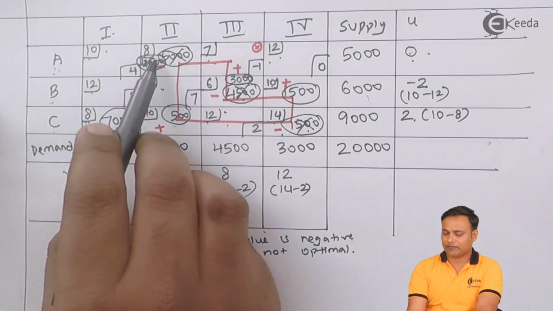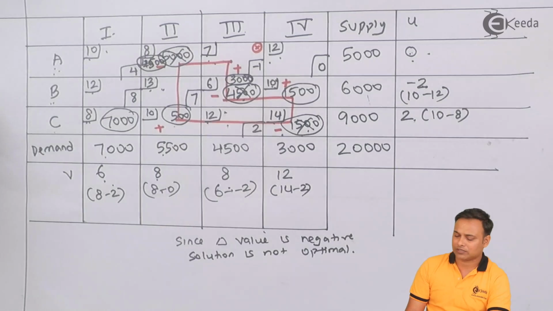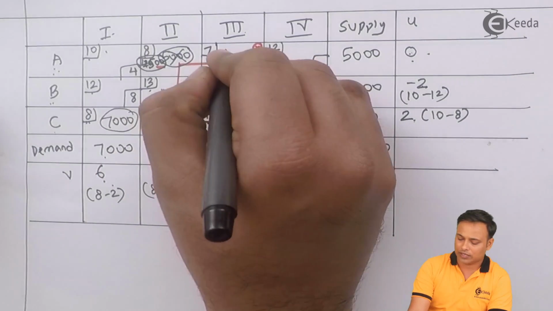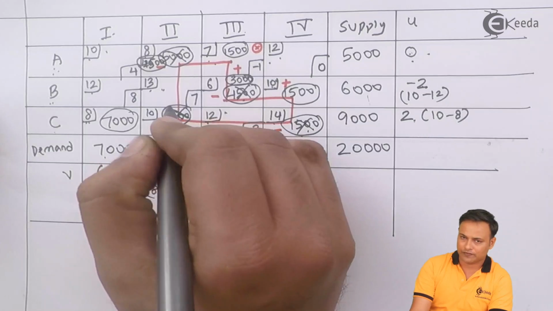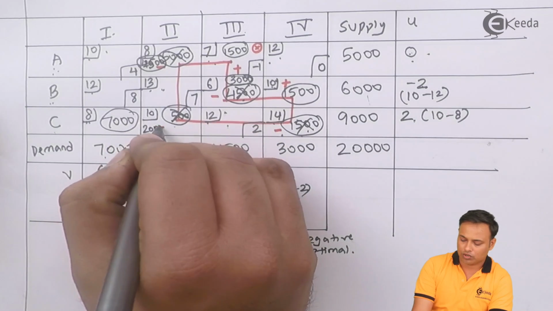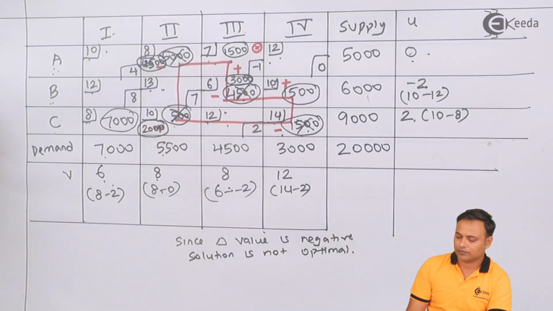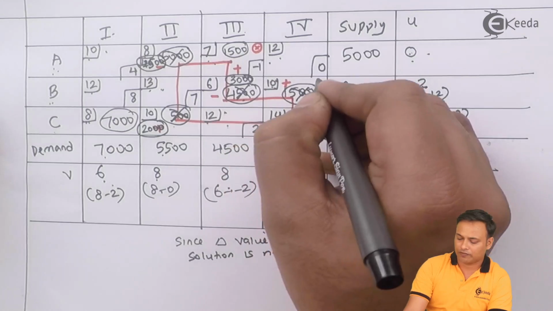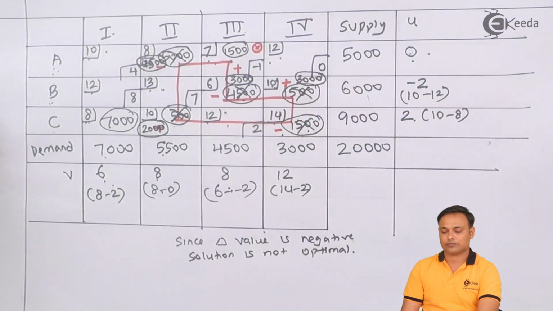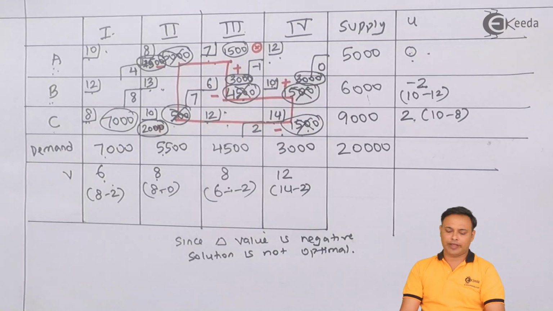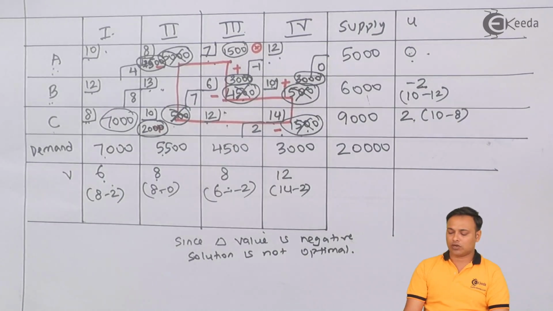What we subtracted from these three particular cells will be added at the positive sign as 1500, 500 plus 1500, 2000, and 1500 plus 1500, 3000. So we made a loop, we improved the solution.